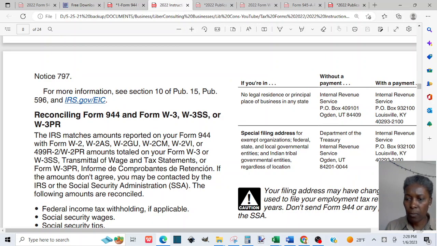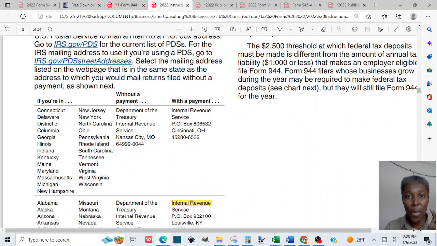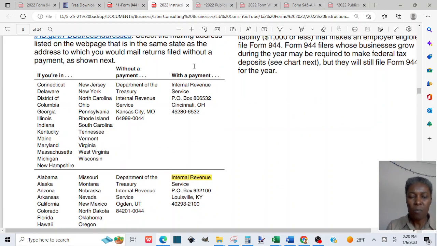But let's start from the bottom. So if your Form 944, you are going to mail it with a payment, make sure you pay attention to "with a payment:" and locate the address that corresponds to the row that has your state name. That's the address you put on the envelope.